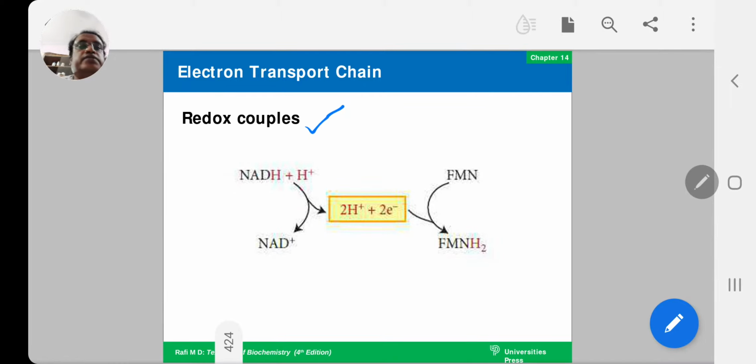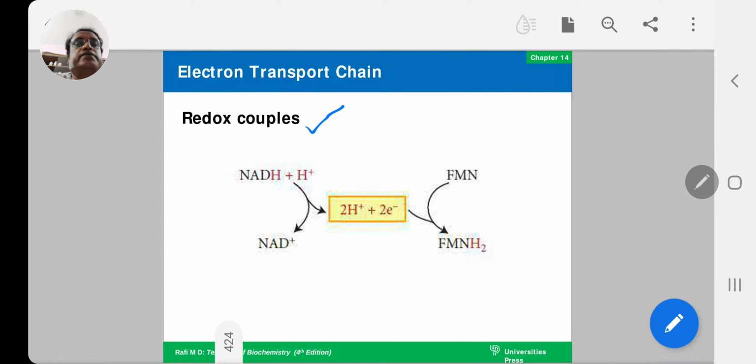When a substance is oxidized, another substance receives the electrons. When a substance exists both in reduced state and in oxidized state, it is called an oxidation reduction pair or redox pair.